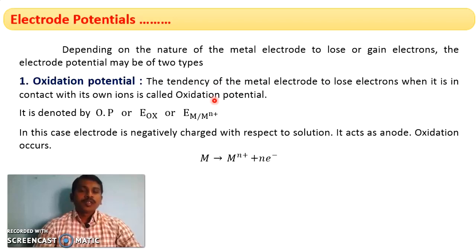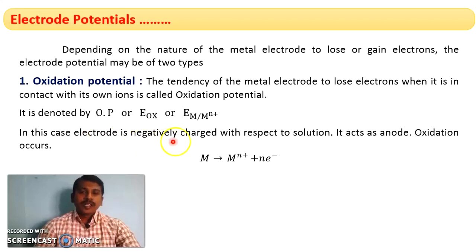Oxidation potential is denoted with OP, or EOX, or E M bar Mn+. M bar Mn+ indicates oxidation, so E M bar Mn+ indicates oxidation potential. In this case, the electrode is said to have oxidation potential.